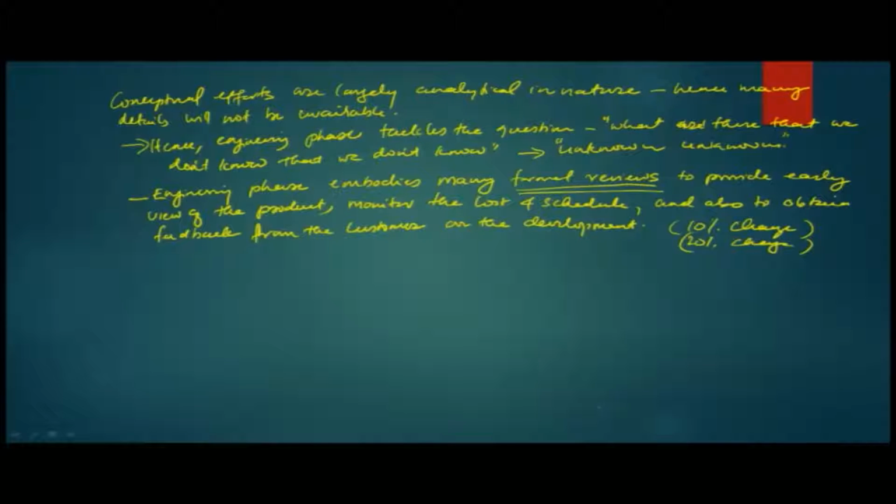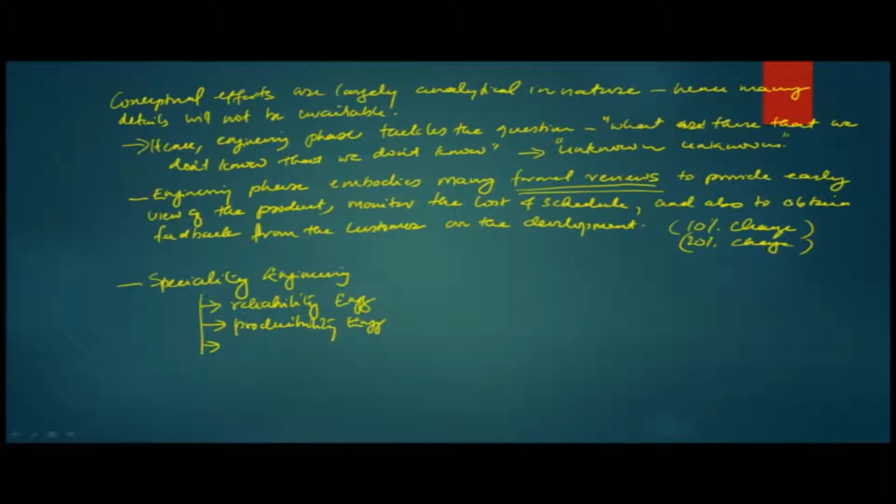Now, one of the things that we did not discuss too much here is specialty engineering. Specialty engineering forms an important part of the engineering phase. So, what are the specialty engineerings? They are called reliability engineering, then producibility engineering, which some people also call manufacturability engineering.